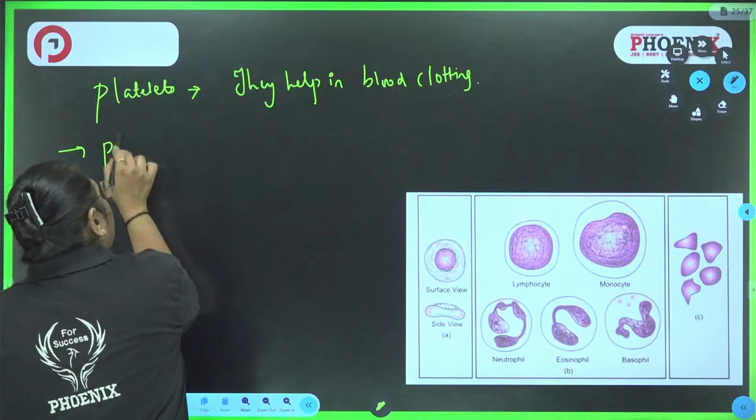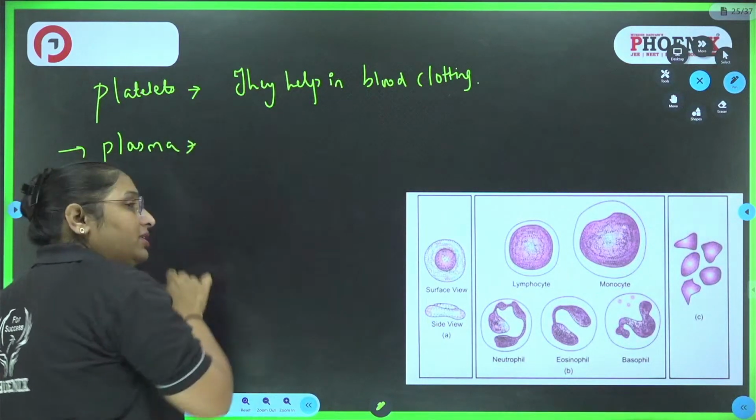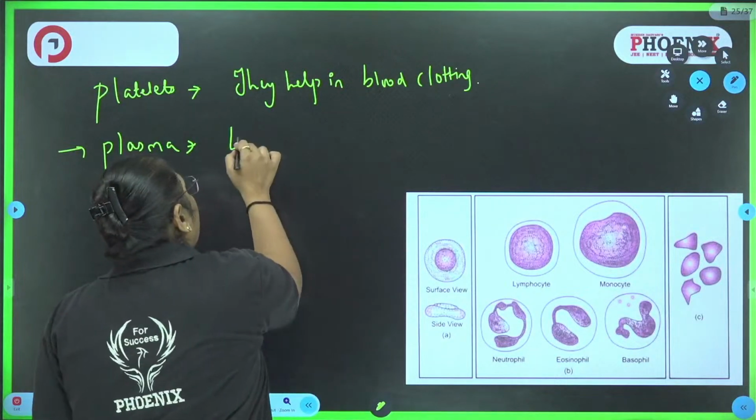Another component of the blood is plasma. This is the only liquid part of the blood.